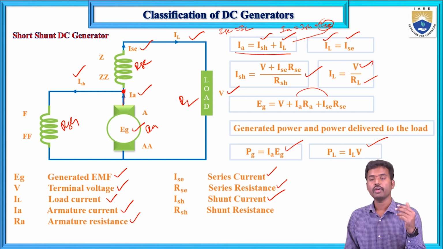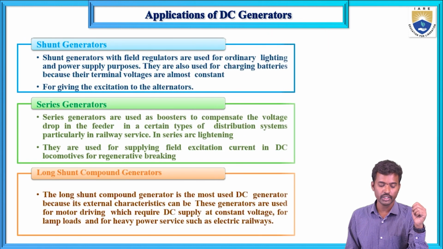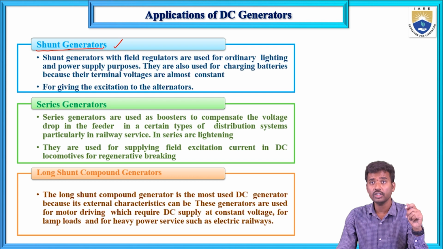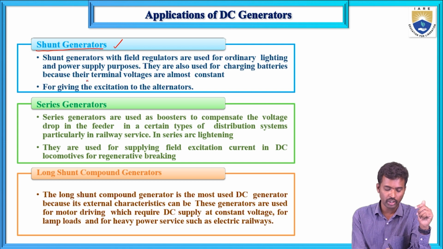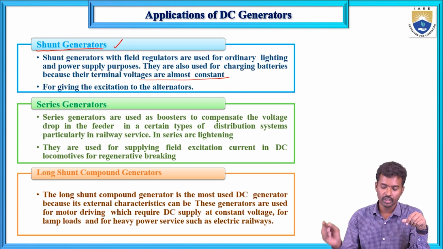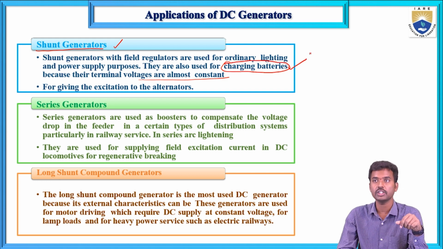Now let us move to the applications of each generator: separately excited DC generator, shunt generator, series generator, long shunt and short shunt generator. First I will explain the self-excited shunt generator. Because of its almost constant terminal voltage, shunt generators are used in charging batteries.